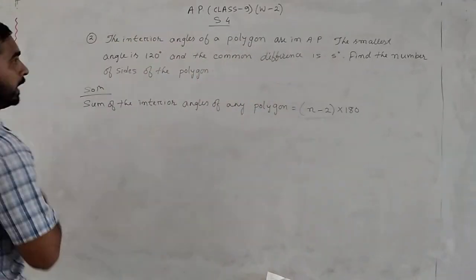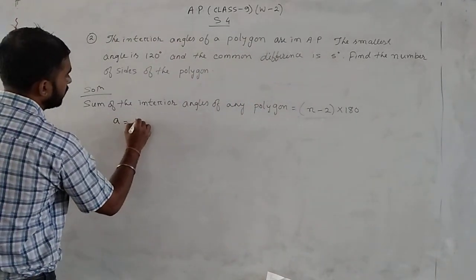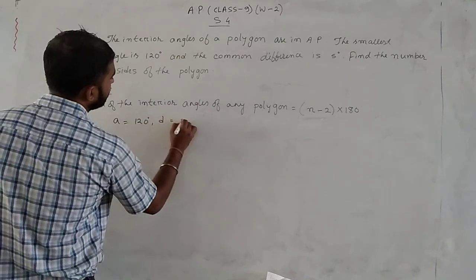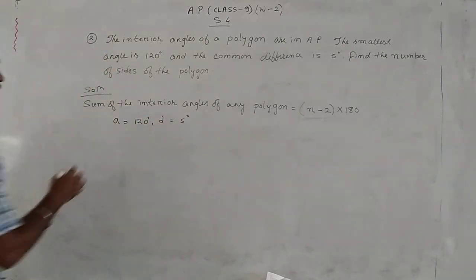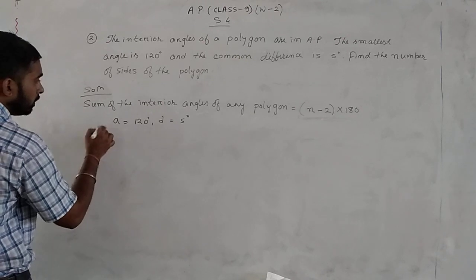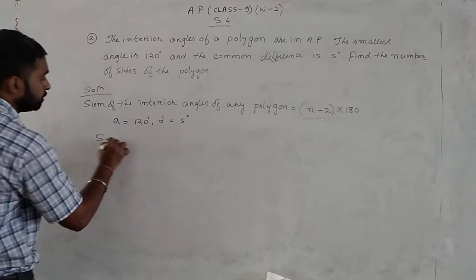Now here what is given? In this question, a equal to 120 degrees and d equal to 5 degrees. Therefore, what is the sum of the interior angles of the polygon? That is Sn.